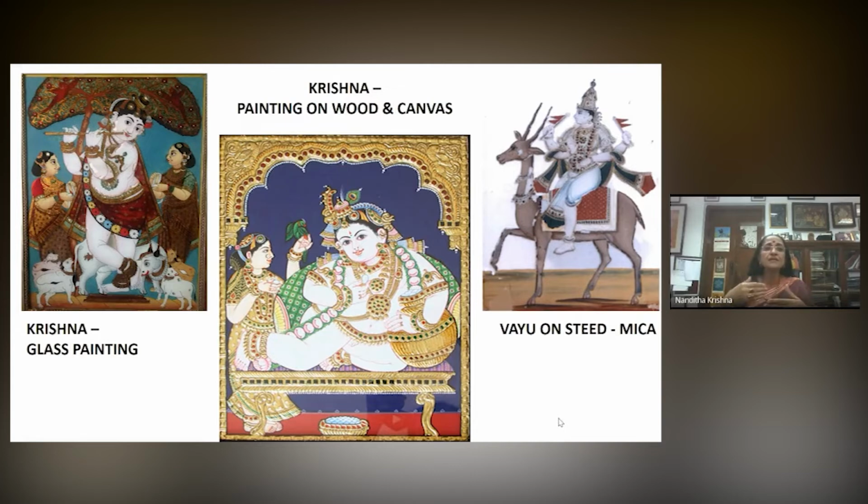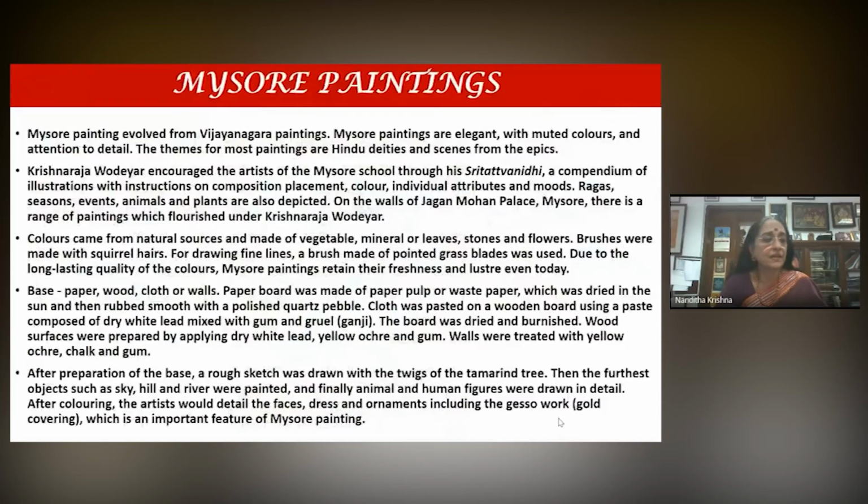And then after that, you put in the background and the body colors and so on. On the other side, you have Vayu, which is done on mica. So there were different mediums on which these Thanjavur paintings were done.